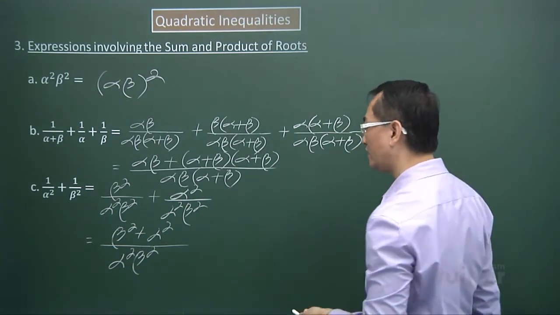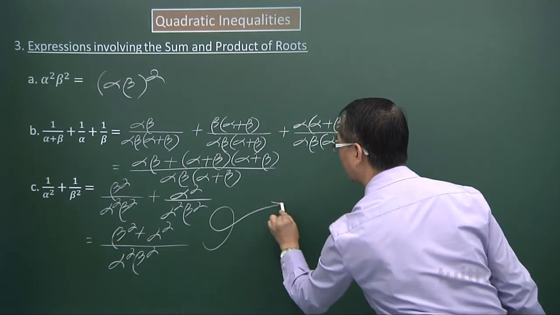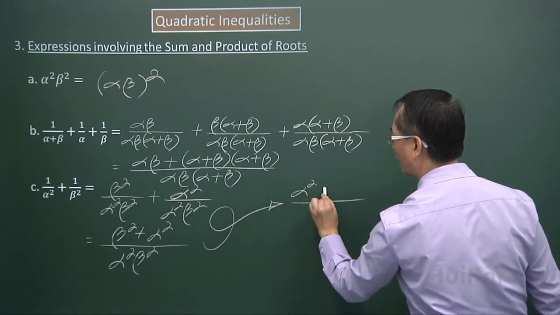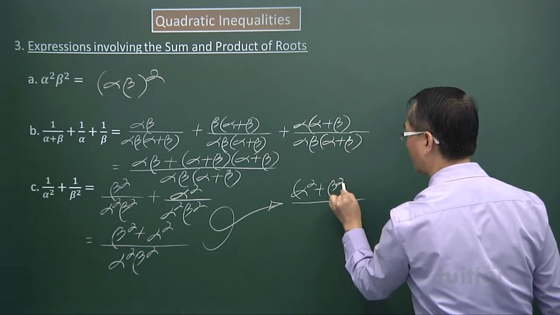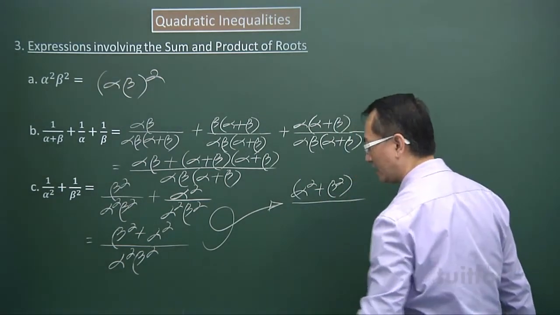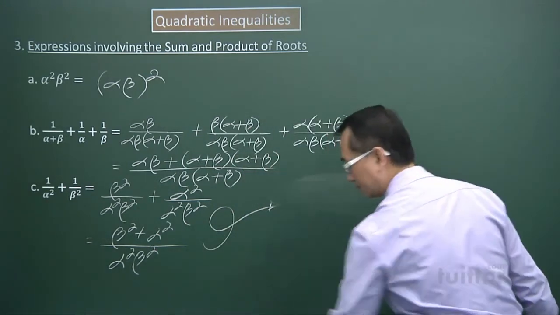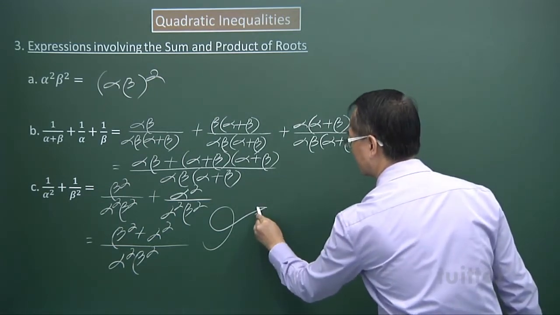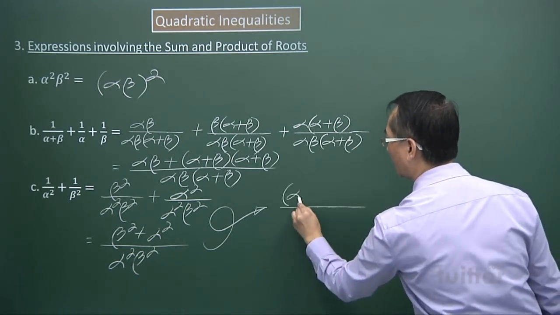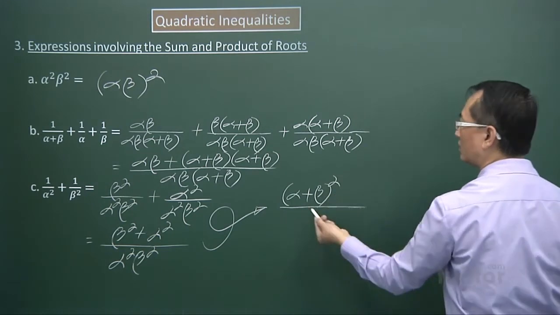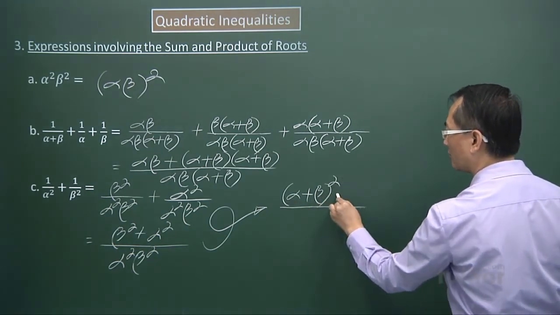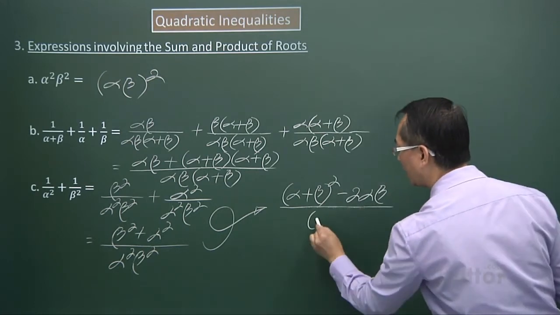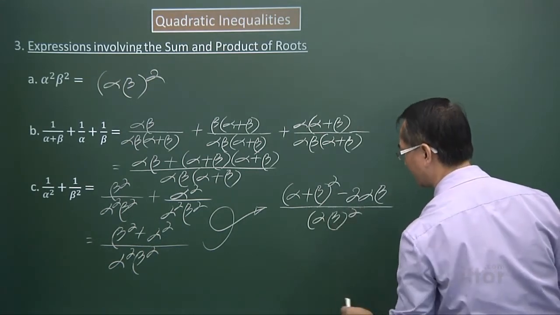But this can be simplified to, if I just put it up here, alpha plus beta squared is simplified to the square of alpha plus beta, or just the sum of two roots squared minus 2 times the product of two roots, and then divided by the square of the product of two roots.